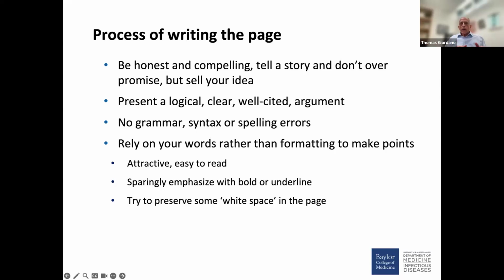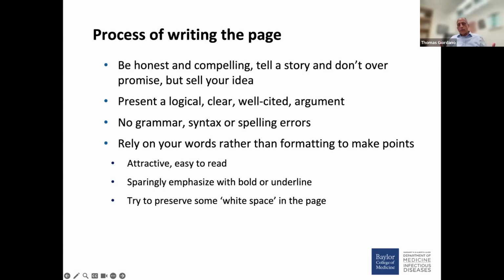But a bolded sentence has emphasis, and the way you achieve real emphasis is by telling a good story. If you're bolding every other line, it's impossible to read. Use it sparingly. Keep the grant easy to read and attractive, and only bold when it's absolutely critical to the grant.